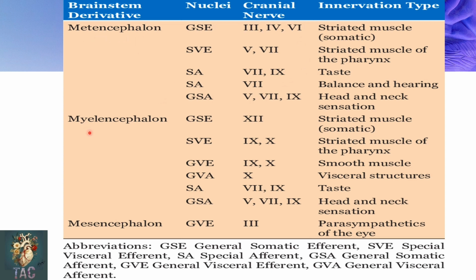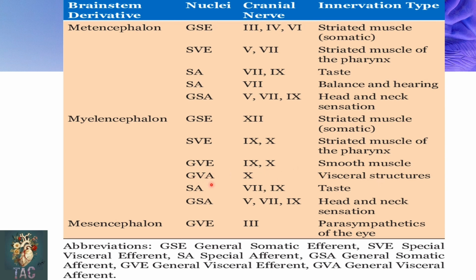Then in the area of the myelencephalon, general somatic efferent fibers are carried through the hypoglossal nerve to striated muscle. These are the motor fibers to the pharynx. Then the special visceral efferent fibers, these are the striated muscles of the pharynx, cranial nerve 9 and 10. Then the general visceral efferent fibers to the smooth muscles, cranial nerve 9 and 10.